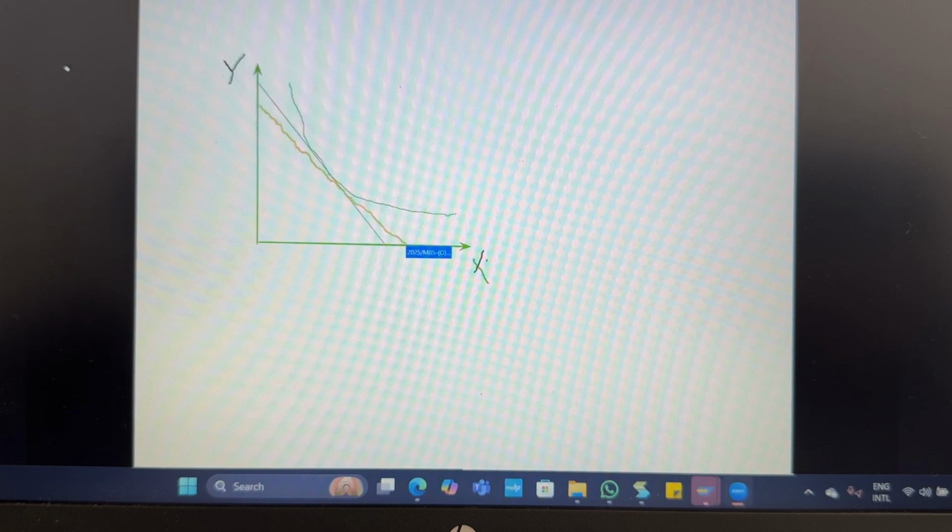Yes, correct. Okay, so the two people have done it, so I'm removing the yellow color one.